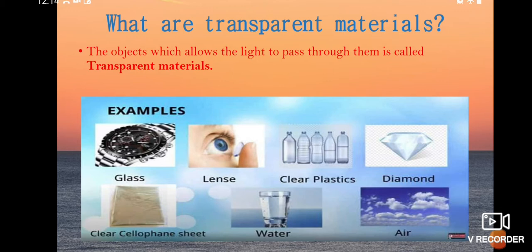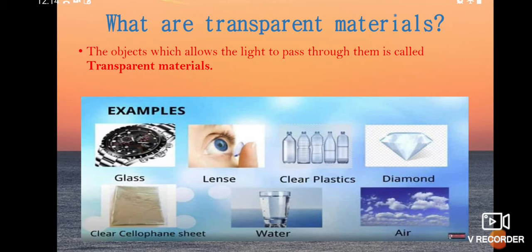Like that, lens, clear plastics, diamond, clear cellophane sheets, water, and air are the best examples of transparent materials. Transparent materials allow light to pass through them, inside also.